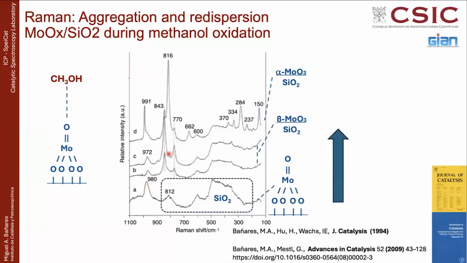This is beta molybdenum oxide, which is a low temperature phase that was not known before. If you keep on increasing temperature, this beta molybdenum oxide will go into these other bands, 816, 919, and so on, 284. That corresponds to the alpha molybdenum oxide crystalline phase, which is the most well-known of molybdenum oxide.